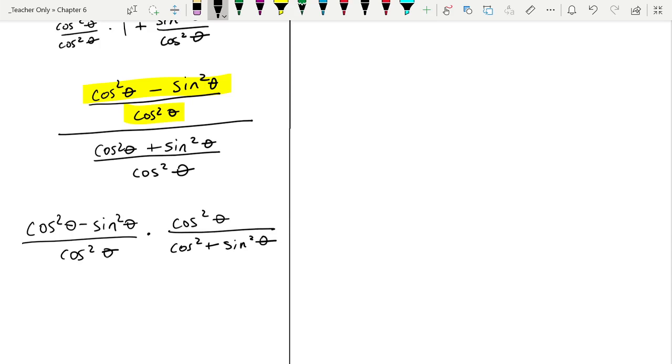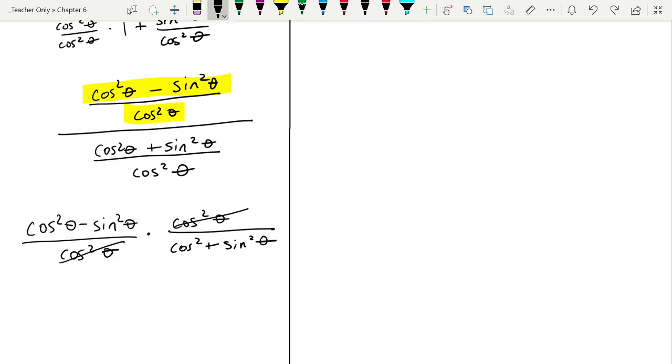Dividing by a fraction is timesing by its reciprocal. And cos squared divided by cos squared is 1. And then if you're crazy and you go, oh, and then I can cancel that cos squared with that cos squared. No, you can't. And remember, when you miscancel, God gets angry and kills a small kitten. So, no, you can't cancel terms. You can only cancel factors.